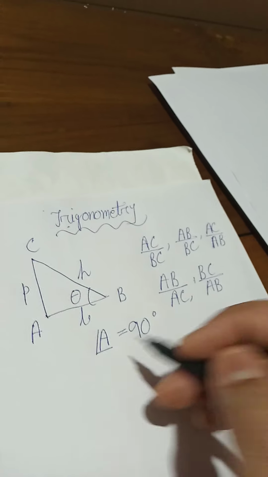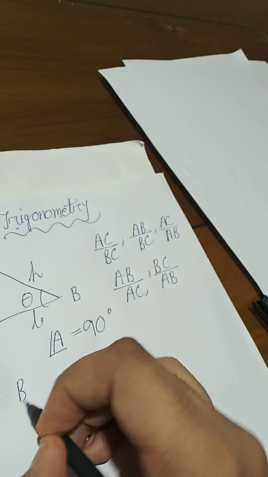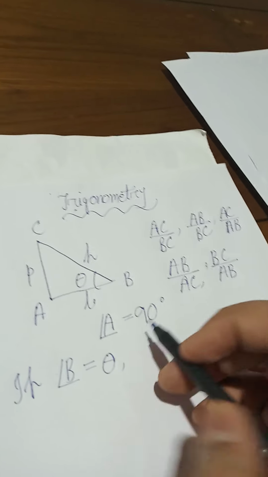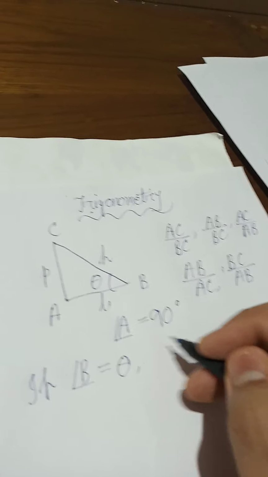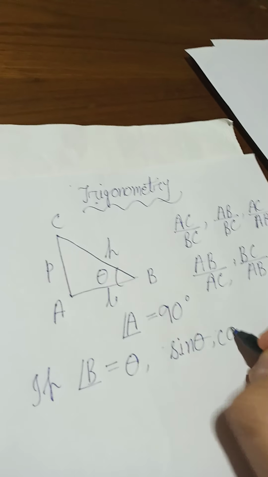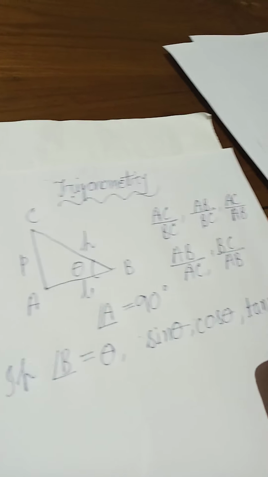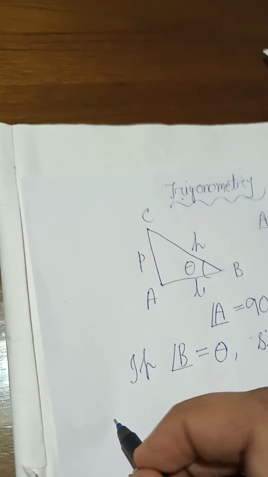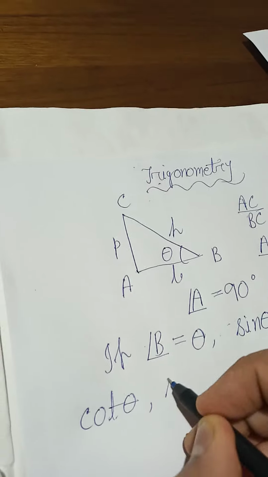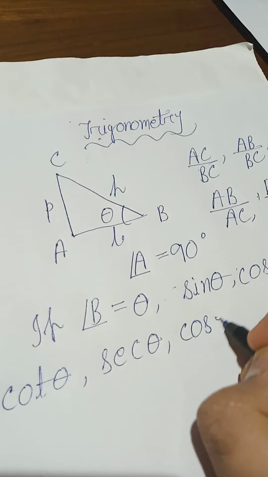So if angle B is theta, then these ratios are respectively called sin theta, cos theta, tan theta, cot theta, sec theta and cosec theta.